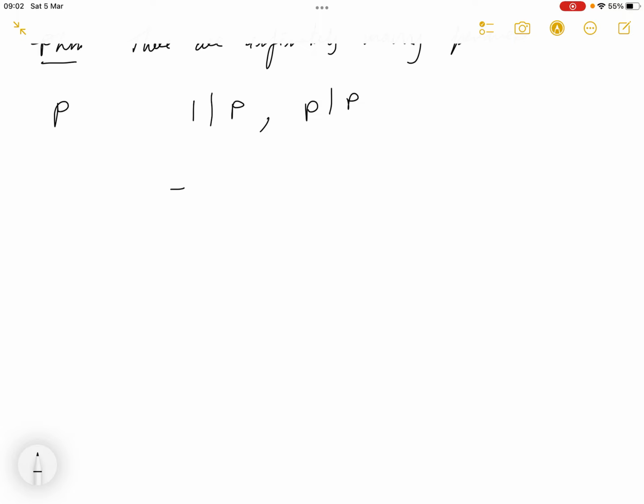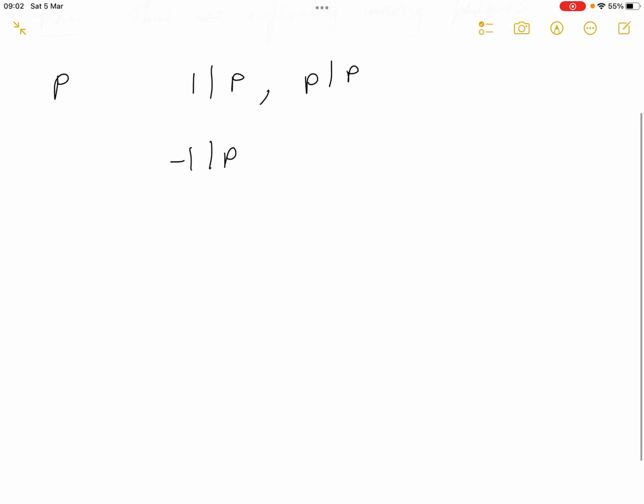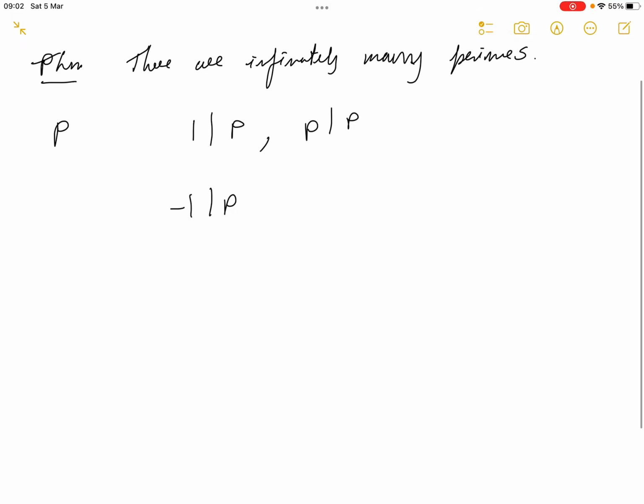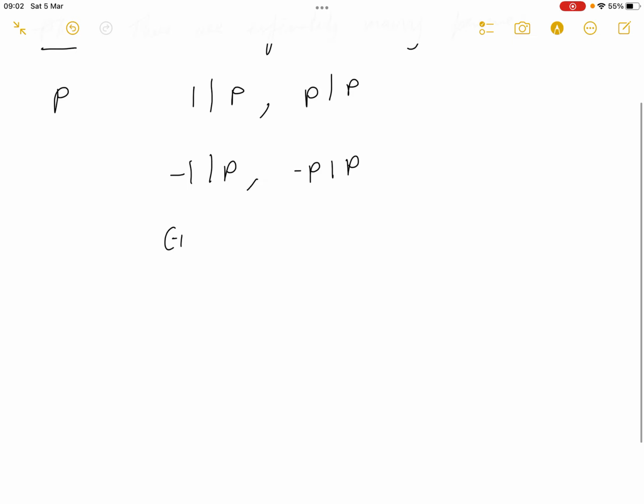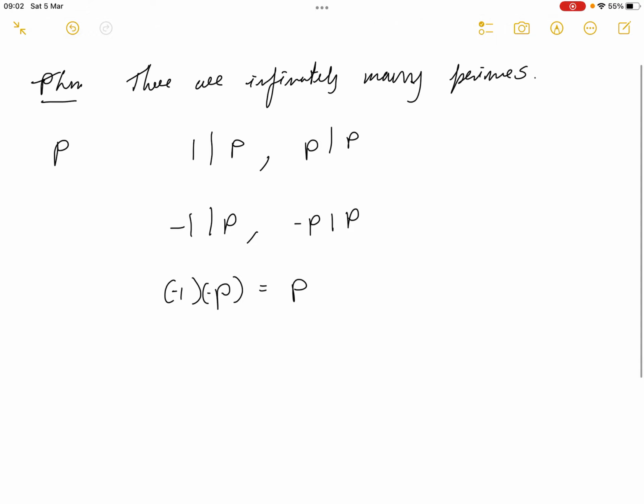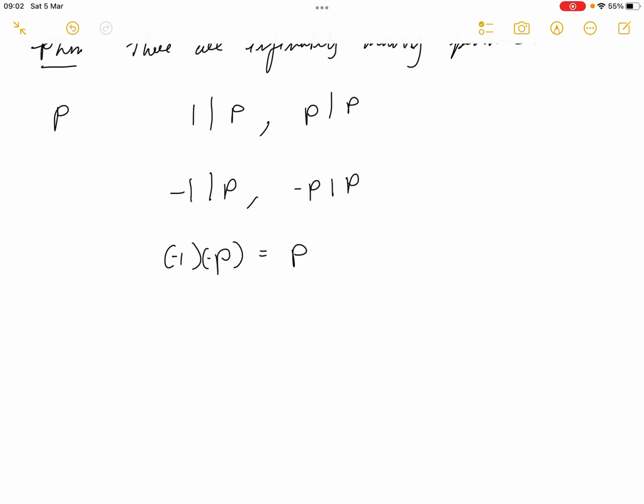Well, I guess you could say -1 divides p, or perhaps minus p divides p, because you can find a number, for example, -1 times minus p would give you p, but we actually say that negative p is basically the same prime as p.